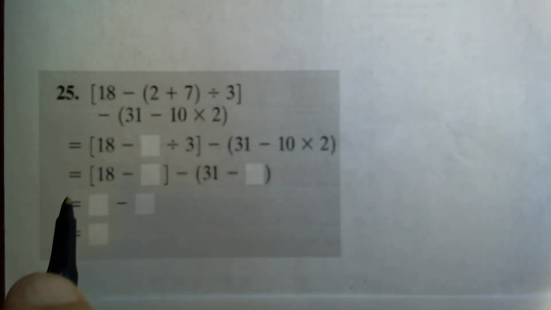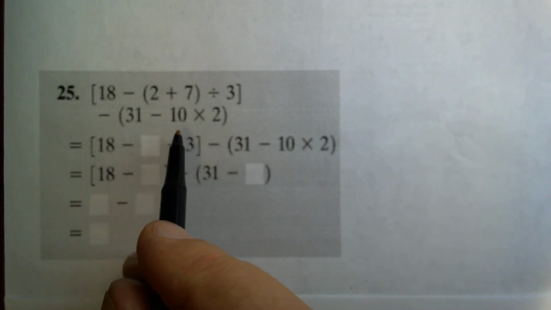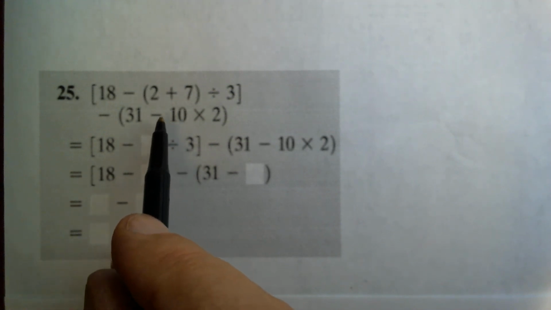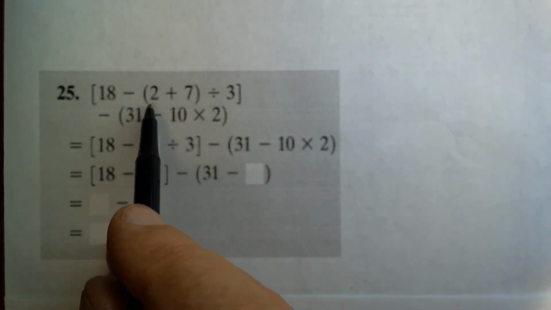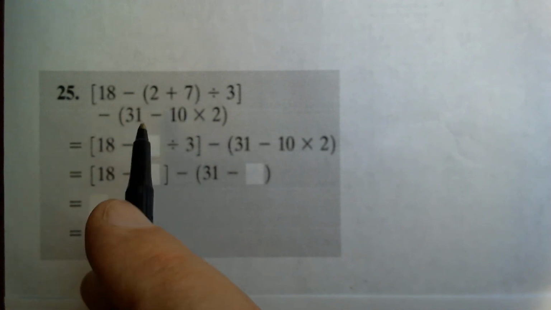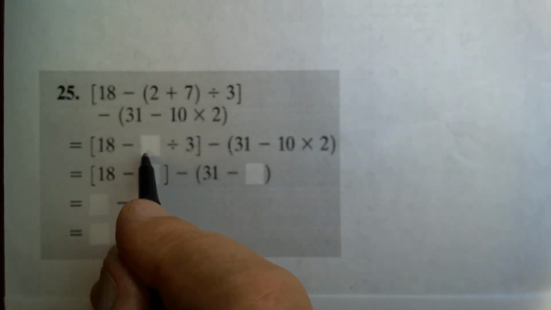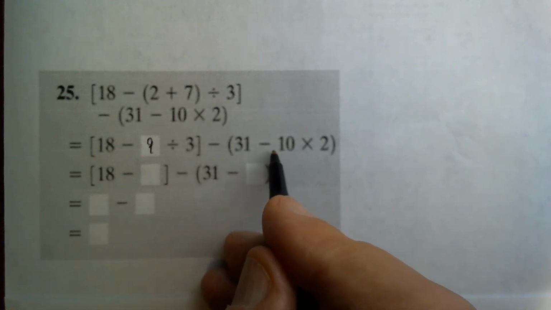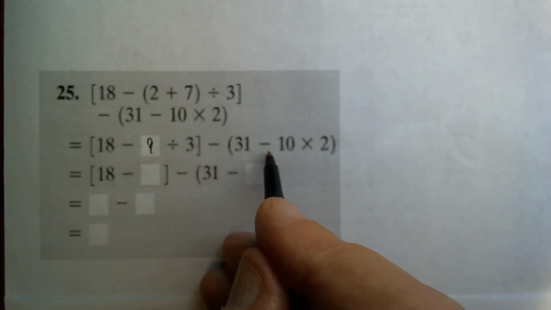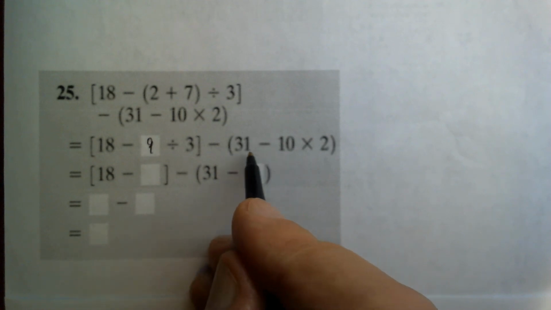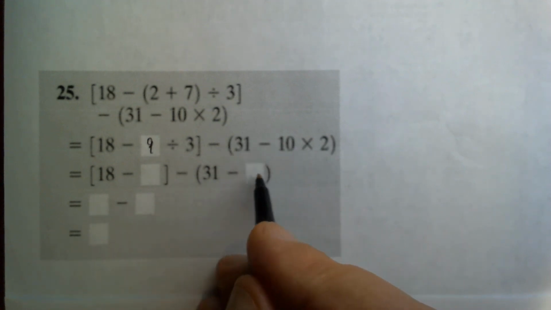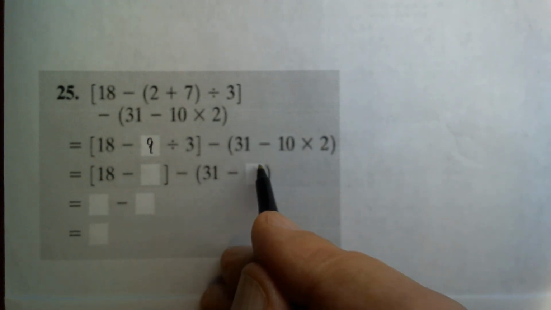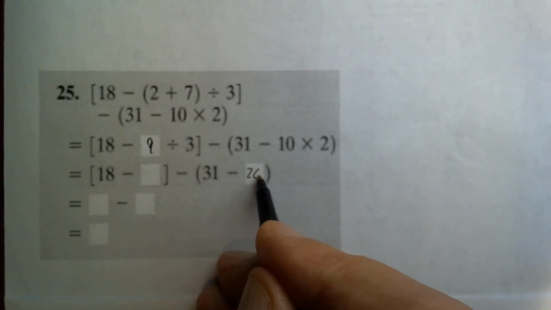In the guided solution number 25, we evaluate the expressions in parentheses first. So there would be 18 minus 2 plus 7. 2 plus 7 is 9, divided by 3, minus 31 minus 10 times 2. So we evaluate 10 times 2, which is 20.